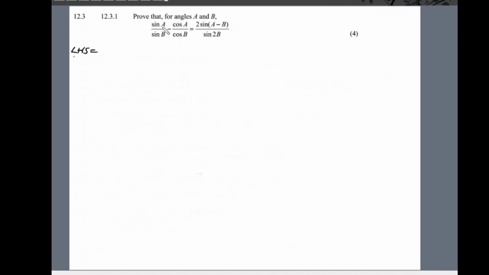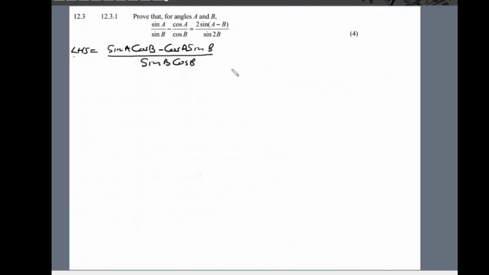So now if we find the common denominator, we will have sine A cos B minus cos A sine B, divided by sine B cos B, right?